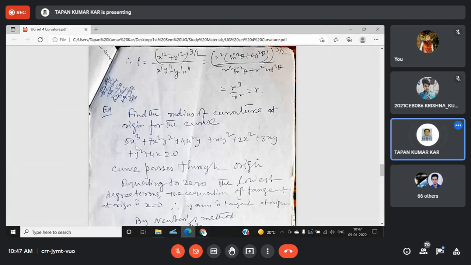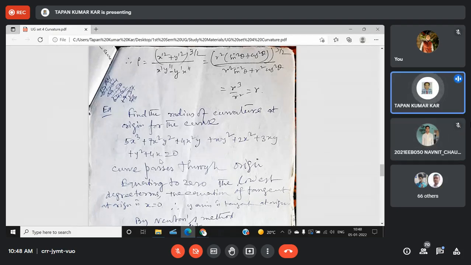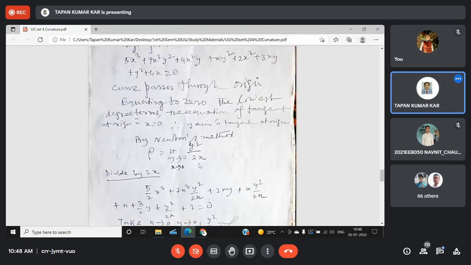What is the lowest degree term? 4x is equal to 0. So x equal to 0 is the tangent at the origin, that is, the y axis is the tangent at the origin. So Newton's formula will be y square by 2x, that is equal to rho.